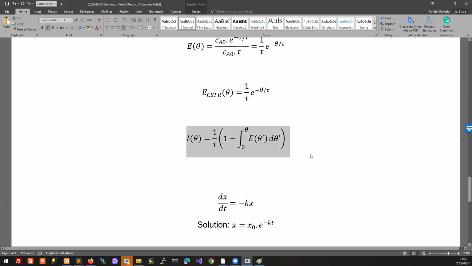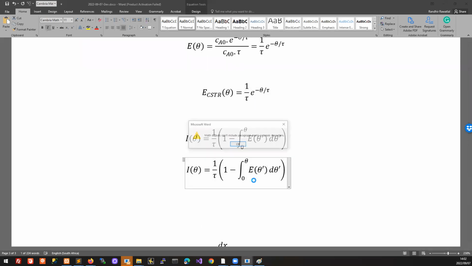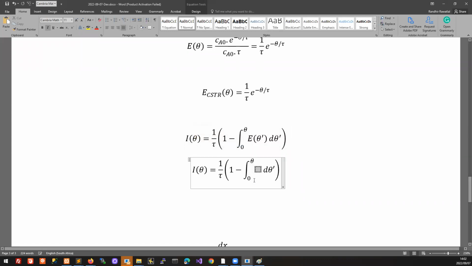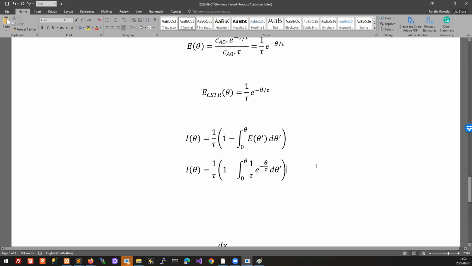So let's put this in as a new copy. So there's our E of theta function. Okay, so that's what we are trying to integrate, and this integral again, we want to integrate an exponential.